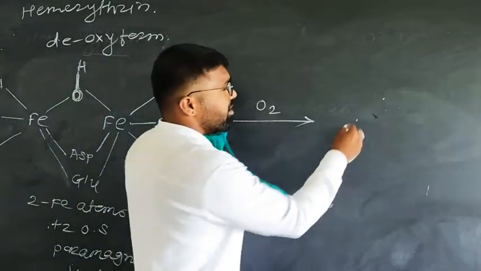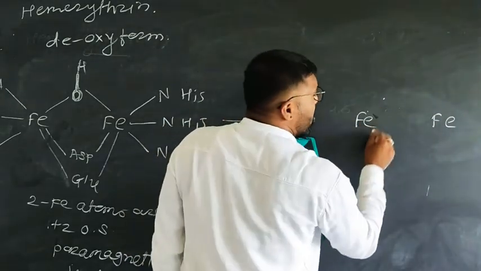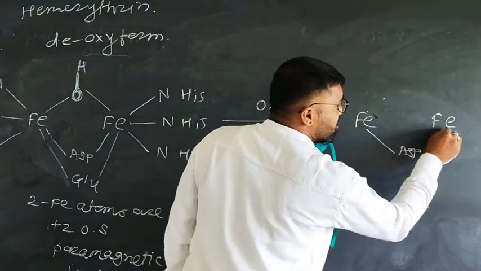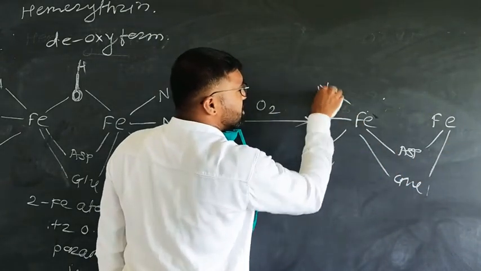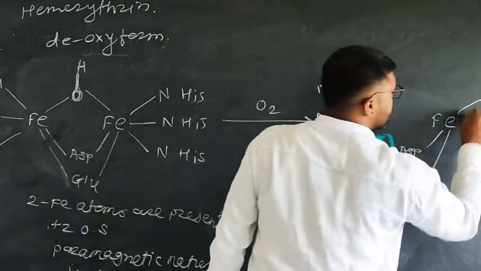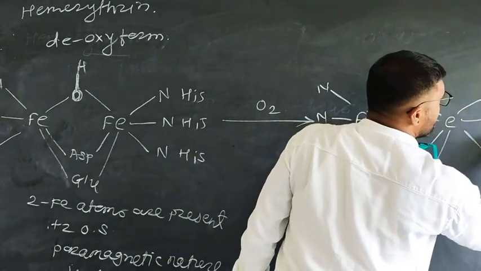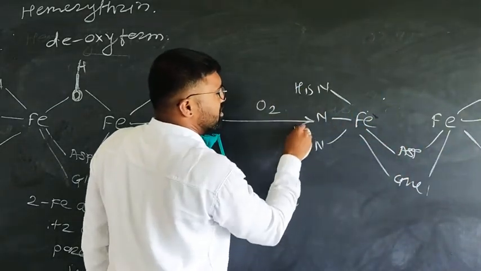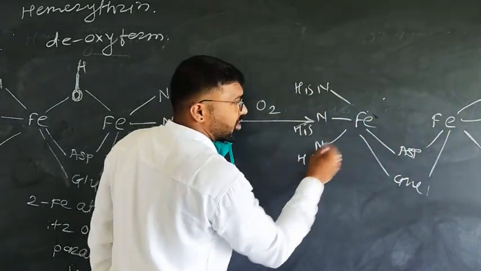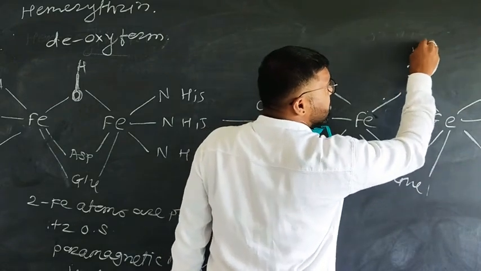How? Here is the first Fe atom, this is the second Fe atom. Now this is aspartate, this is glutamate. These are the nitrogens of histidine. This O, now this is the hydrogen bond.